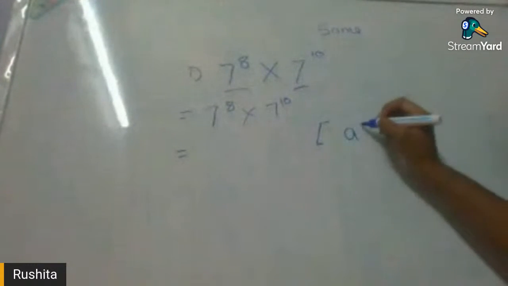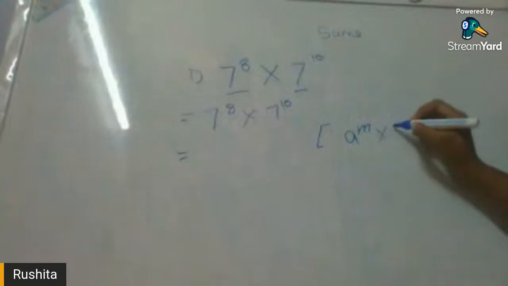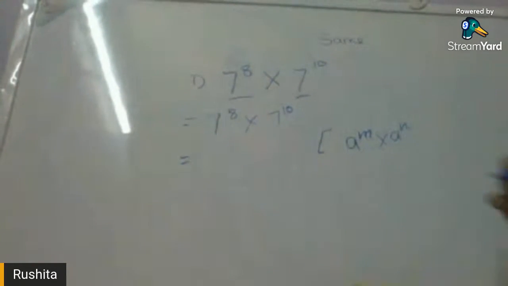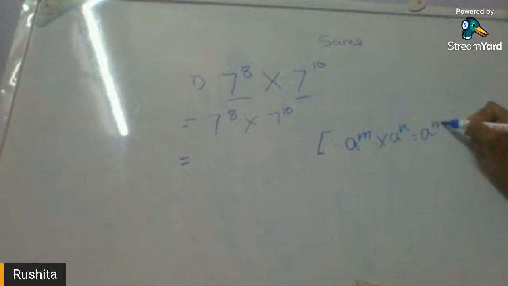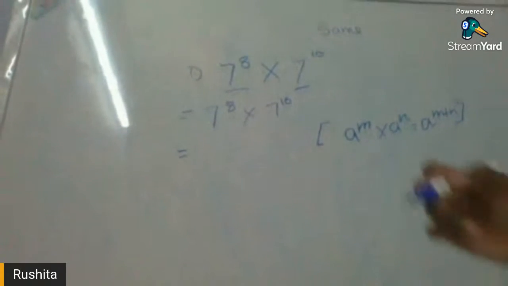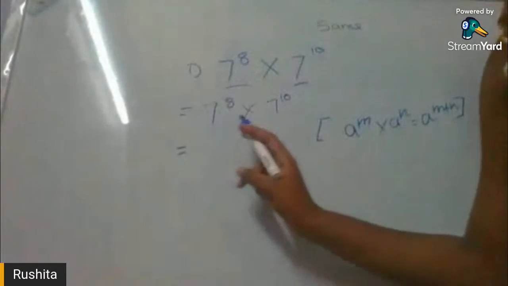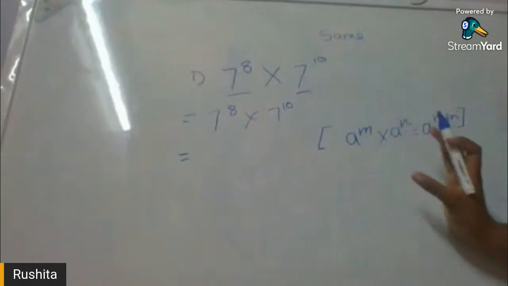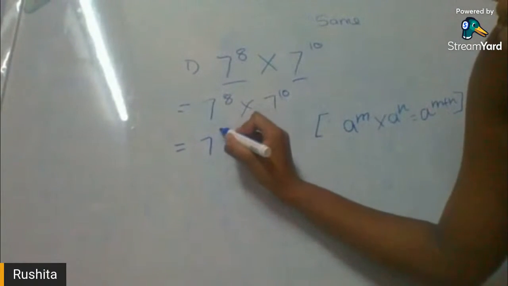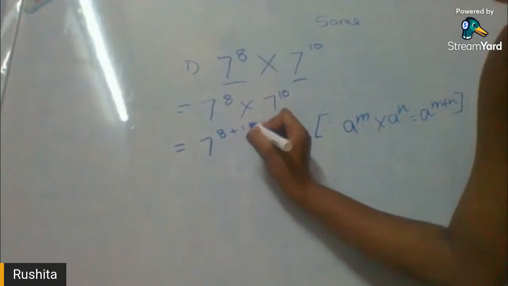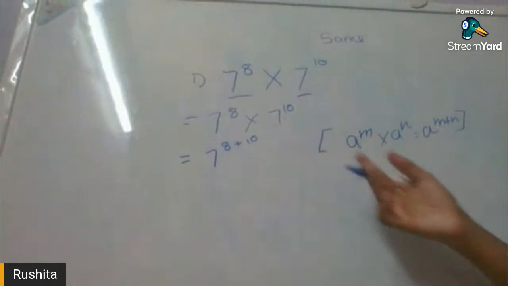Since a to the power of m into a to the power of n equal to a to the power of m plus n. Understood? And now let's just use this law. 7, 8 plus 10. Right? Correct only.